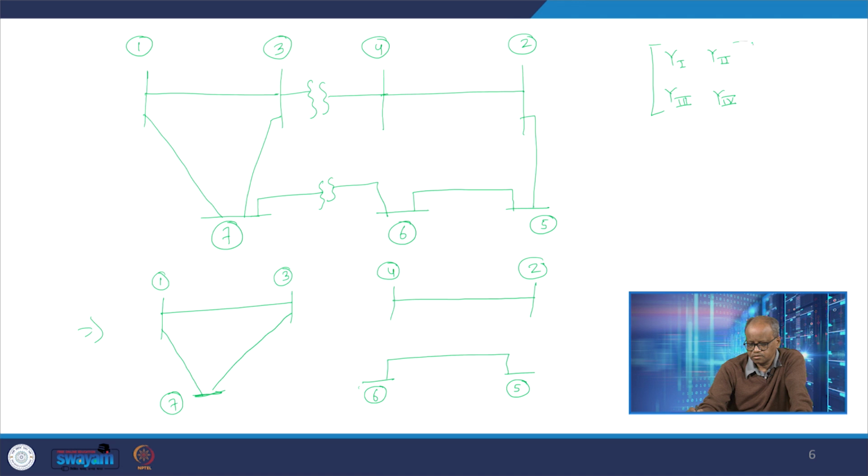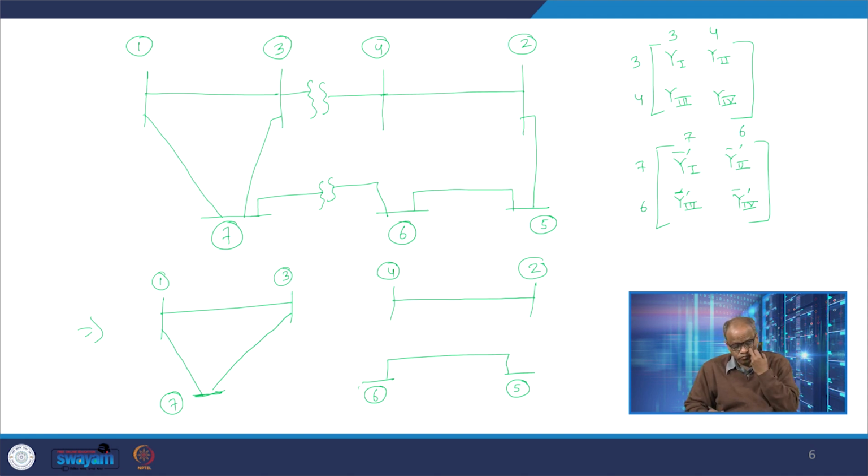One is between 3 and 4, and another is between 7 and 6, with Y1 dash, Y2 dash, Y3 dash, Y4 dash as another matrix.